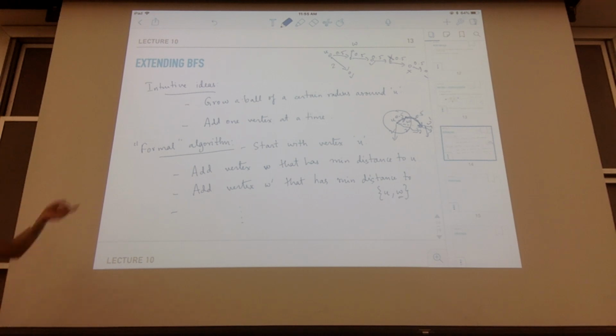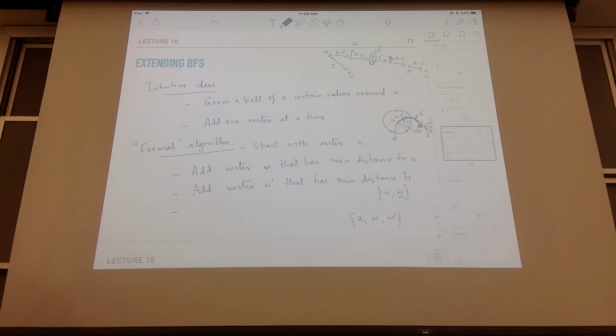For this guy the cost of connecting would be 2. For this guy the cost of connecting would be 1. So you will add this one. This would be your W. Now you look at the minimum distance to the set of vertices U, W, W prime.